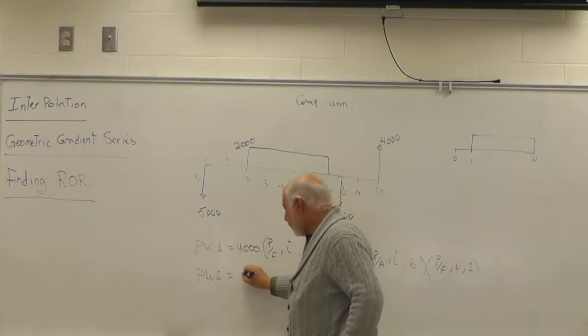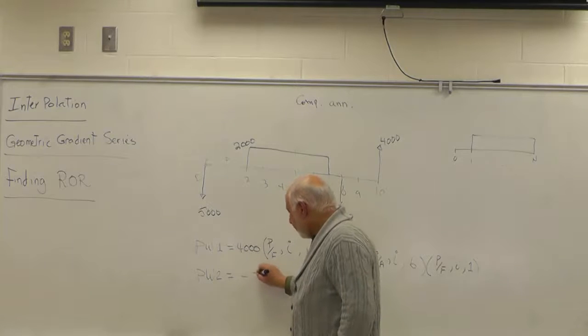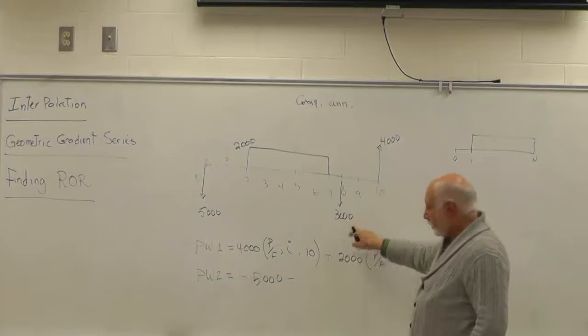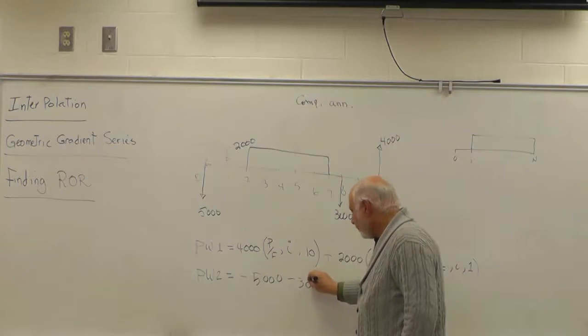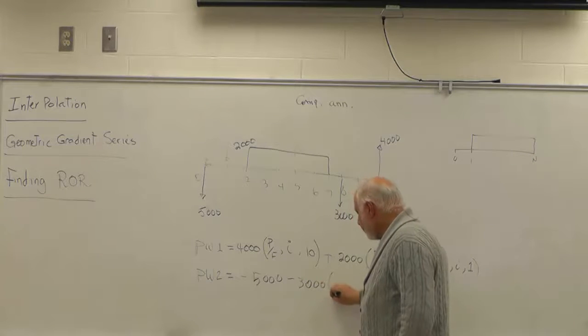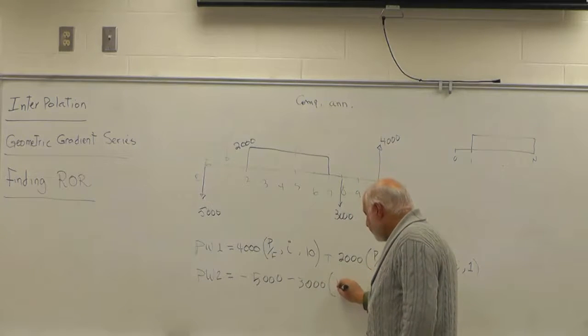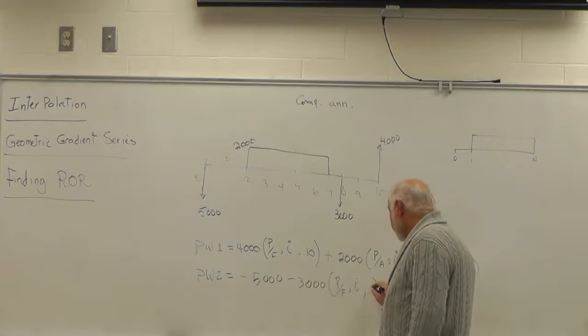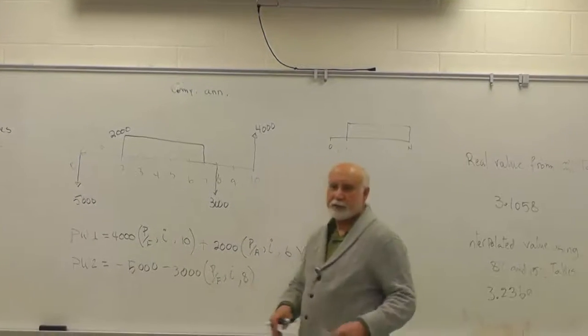So that's going to be minus 5,000 minus 3,000 times P given F, I, and 8 years.